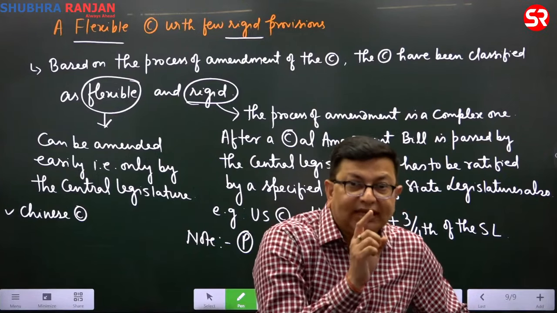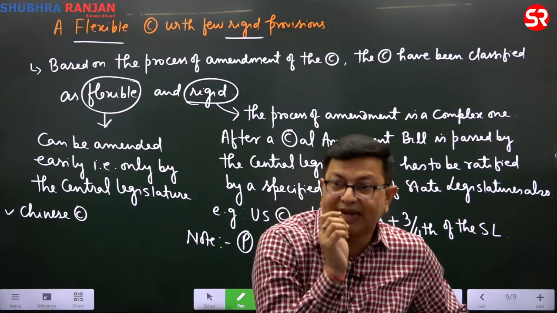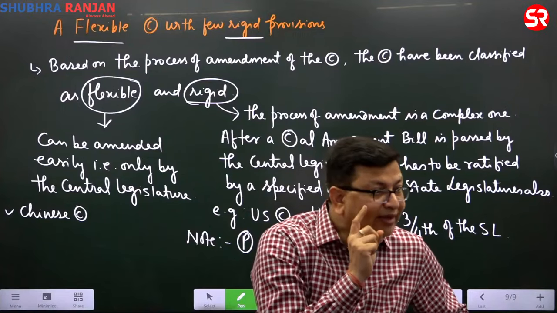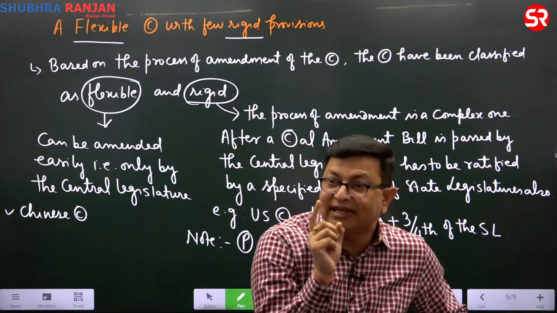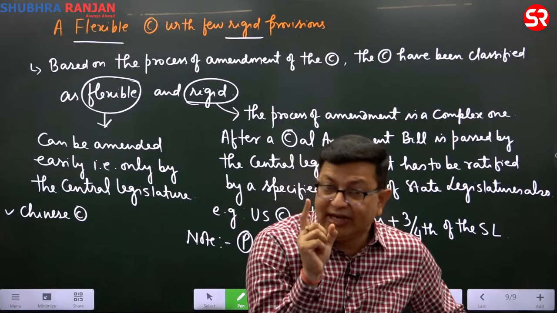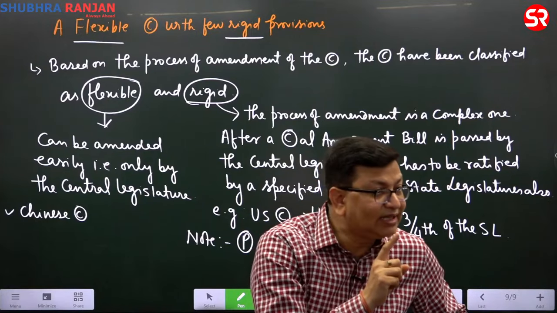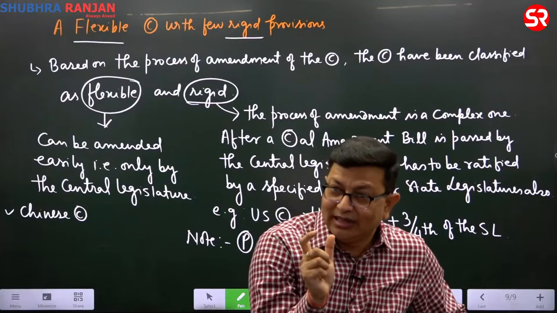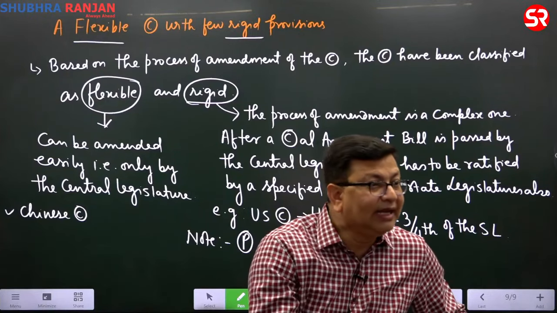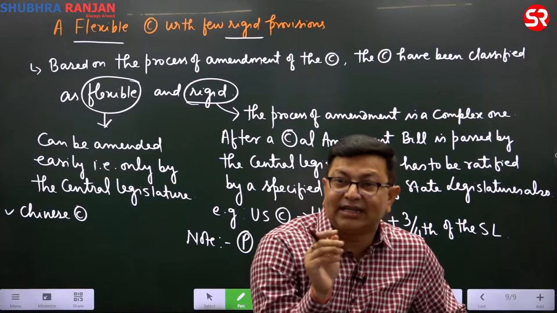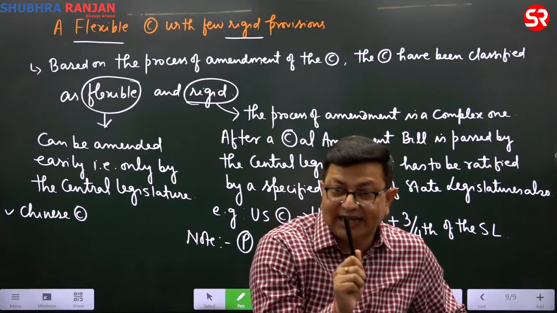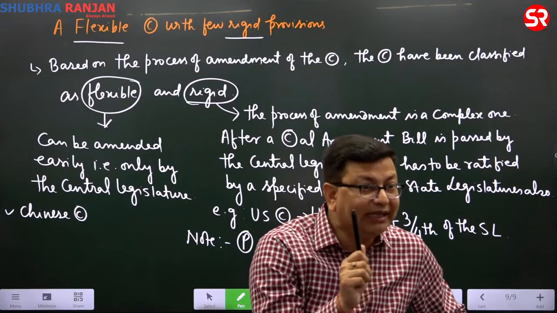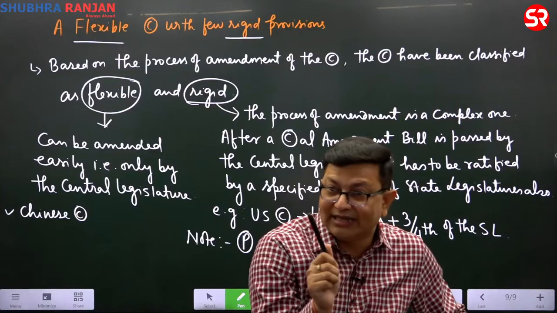Now, one more thing that you need to understand here is that wherever the word state legislatures has been mentioned, it will include the legislatures of Puducherry as well as Delhi also. Clear? So how many legislatures will we have? 28 states are there. 2 union territories are there which are having their own assemblies.